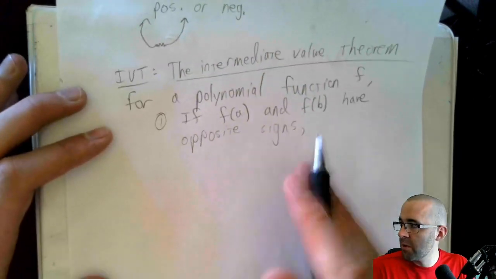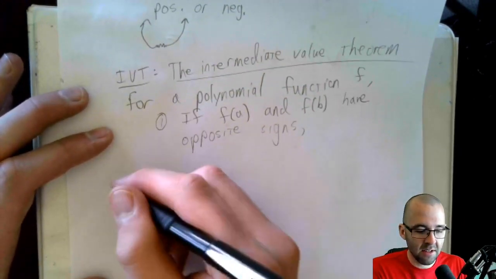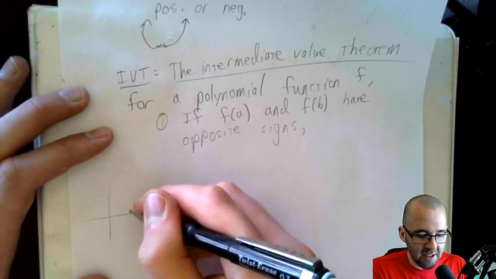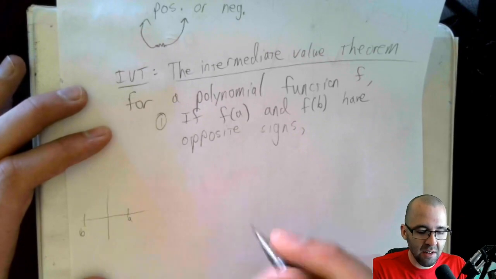Let's look at this. We're not even going to finish it just yet. We're doing a polynomial. And let's say A is over here. Let's say B is over here.